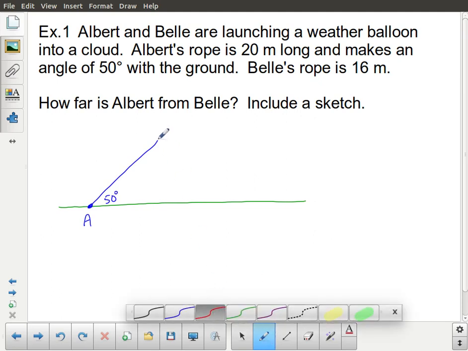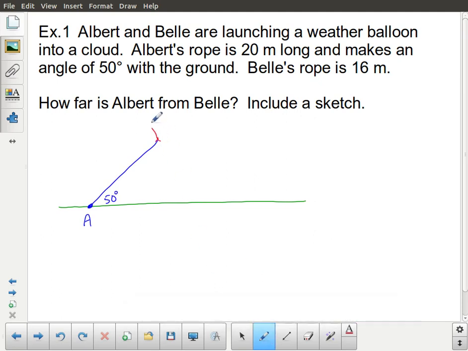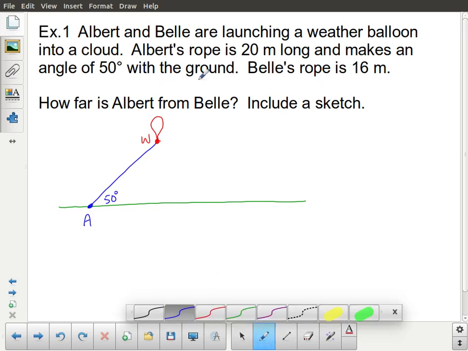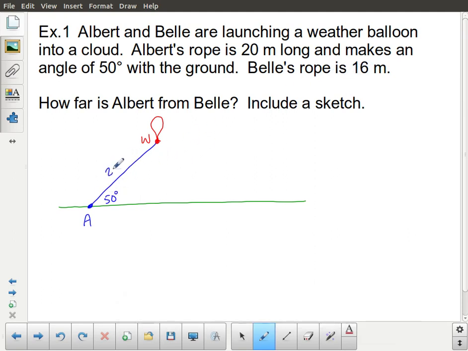Attached to Albert's rope is a weather balloon. So I'm going to call that, let's say, W. And then we have Bell. Now Bell's rope is 16 meters, so Albert's rope is 20 meters. And so if what I've drawn here is roughly 20 meters, my other line that I have to draw down to Bell has to be shorter than that.